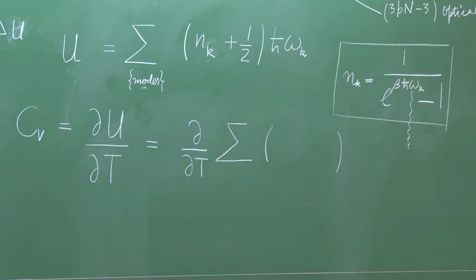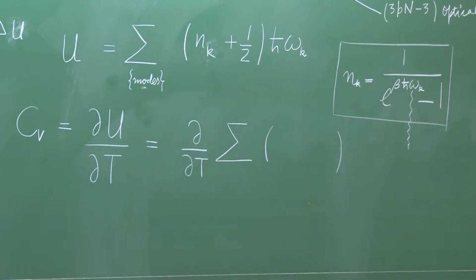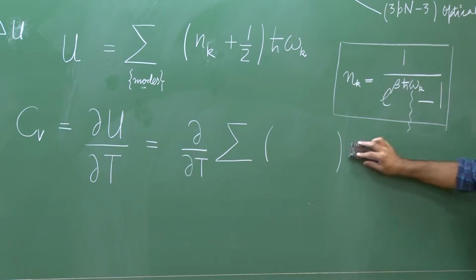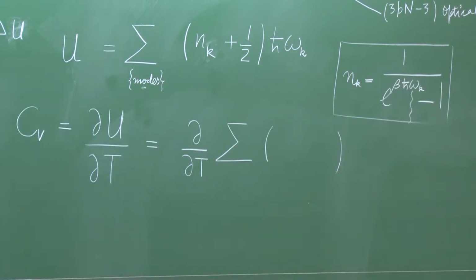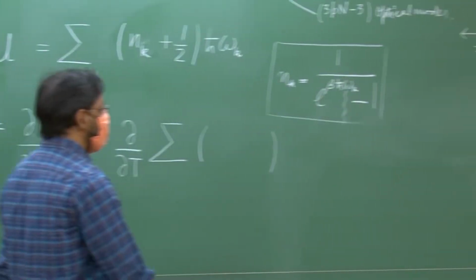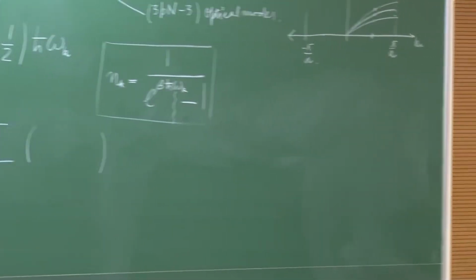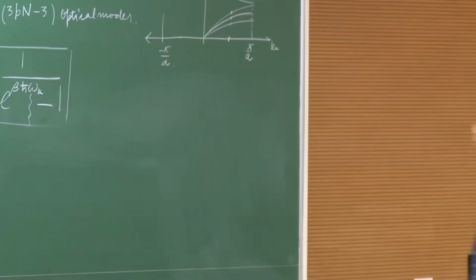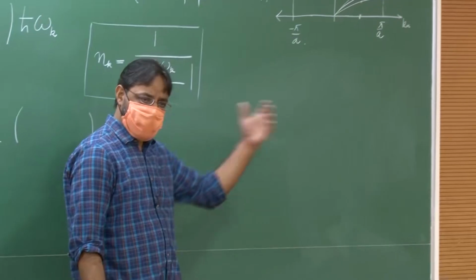So, let me now give you a little more. I will just tell you a bit of history because otherwise the fun will be lost. So, let us look at the history of specific heat. Very long time back, two French scientists, Dulong and Petit, observed, meaning empirical observation.